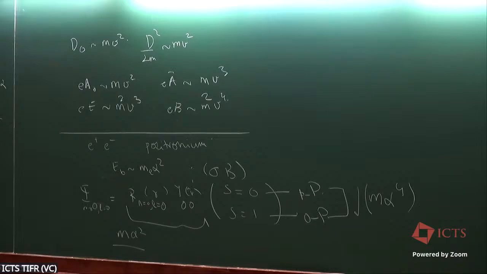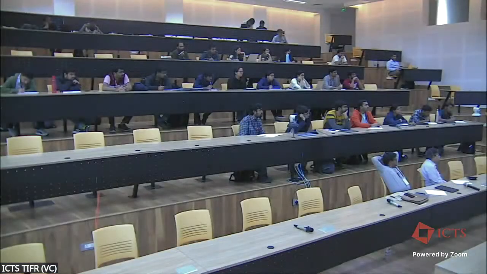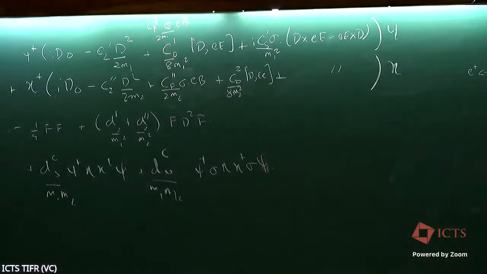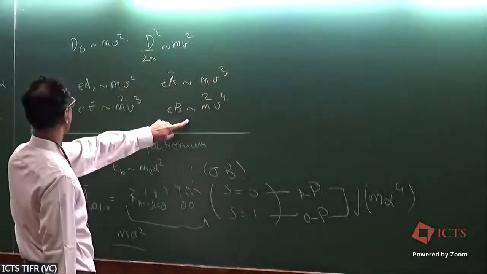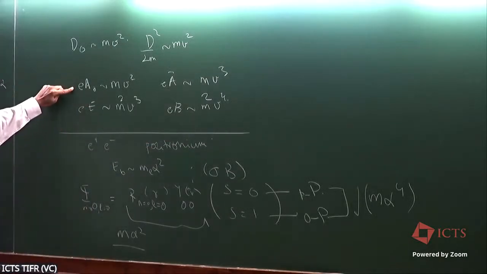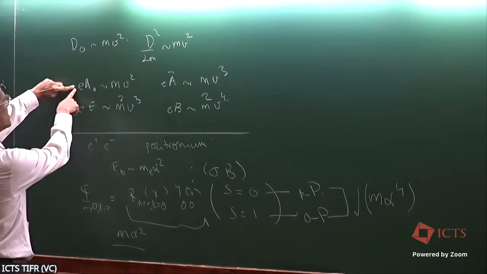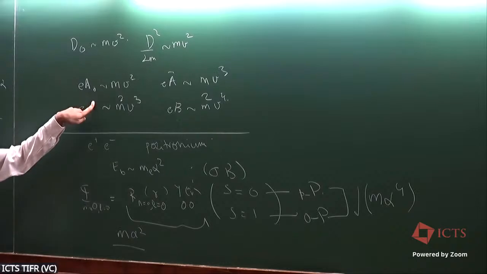Yeah, so basically 1 upon m just gives you the dimension. So the m cancels out and m alpha. Okay. So let's go this way. E A goes as m v square, is that clear?